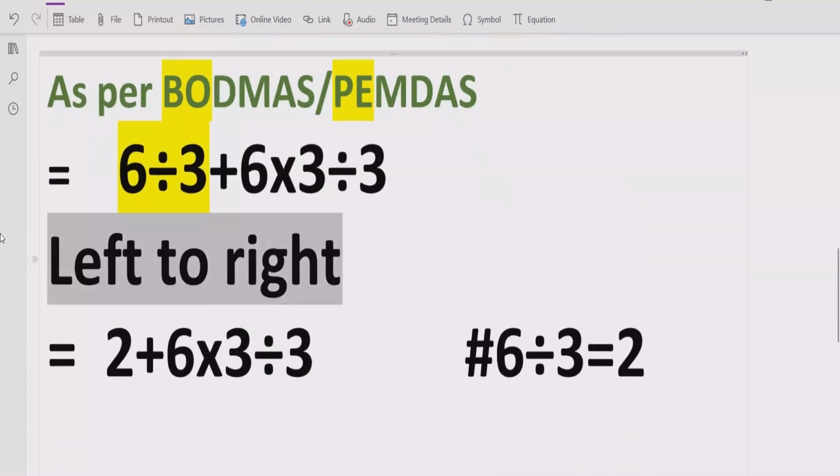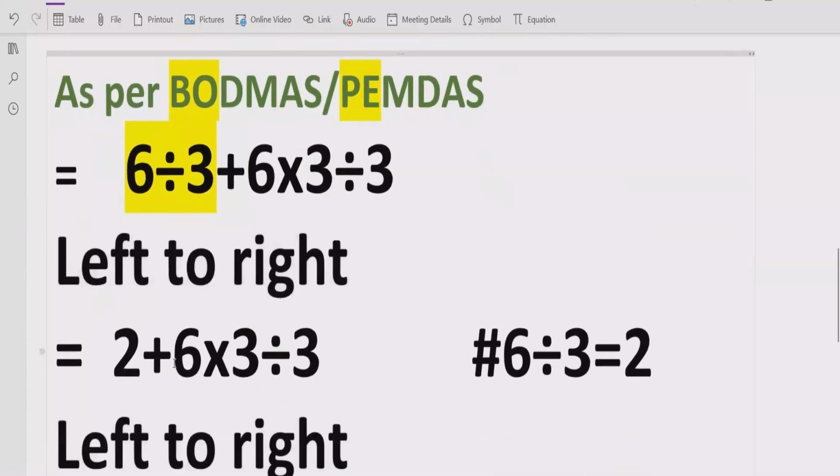Now move forward again left to right and find out multiplication and division. So now we have this multiplication. Now this is the tricky part. Sometimes people say we are using BODMAS, so we solve the division first. And some say I'm using PEMDAS, so I will solve this part. No, this is not the case.